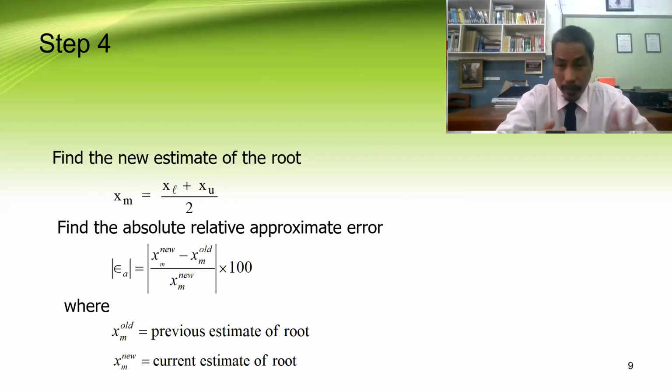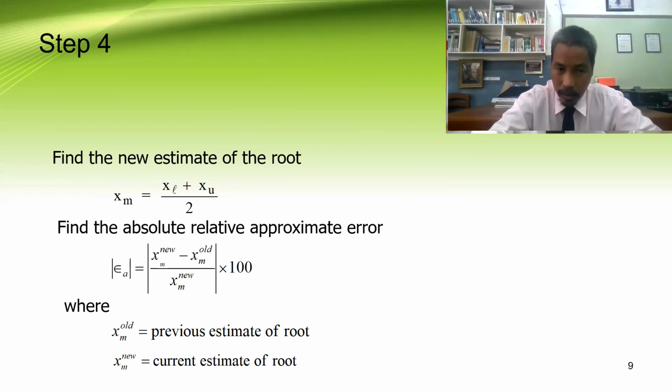We already updated the values of XL and XU based on step 3, and then repeat the solution for XM, which is again the midpoint of the current values of XL and XU. And find the absolute relative approximate error. So we have to determine if our value for XM is already acceptable.